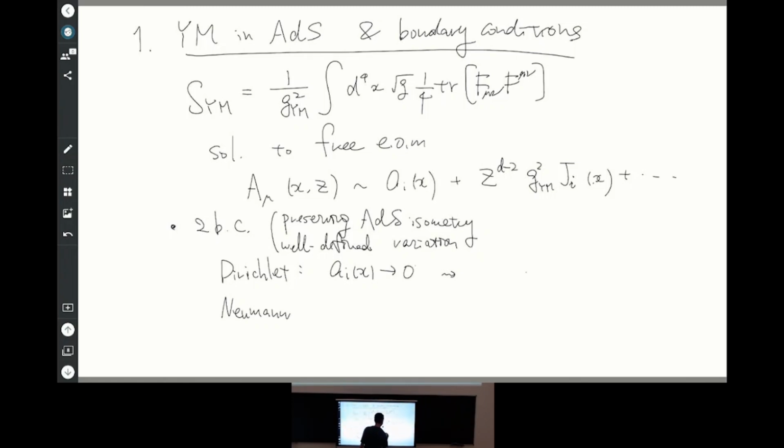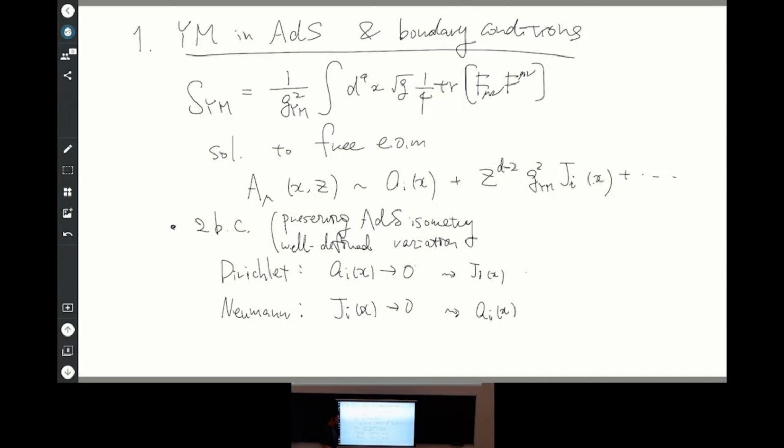So mu runs from... A sub z is 0, yes. And then the other one is imposing this other one to be 0, then you are left with this object.